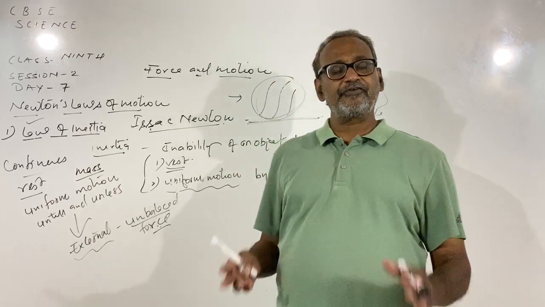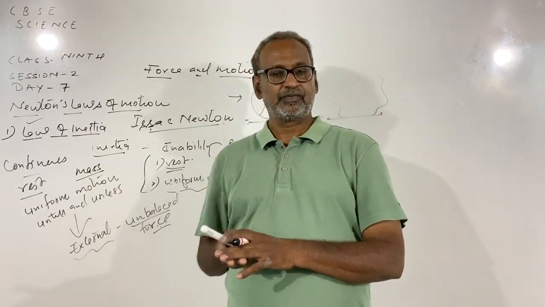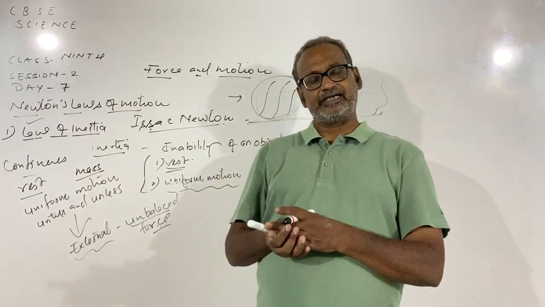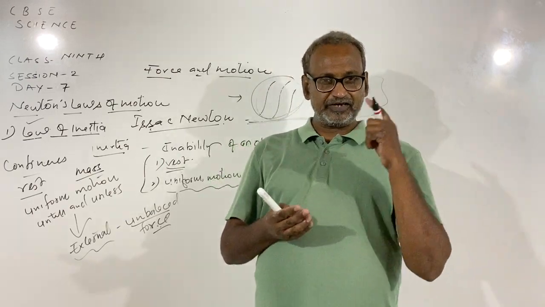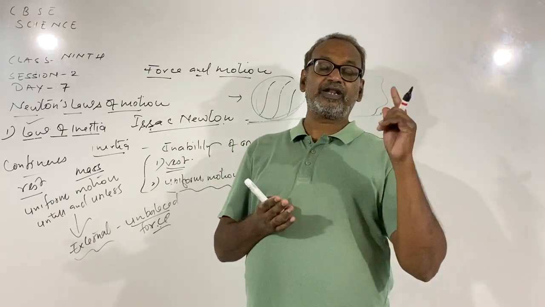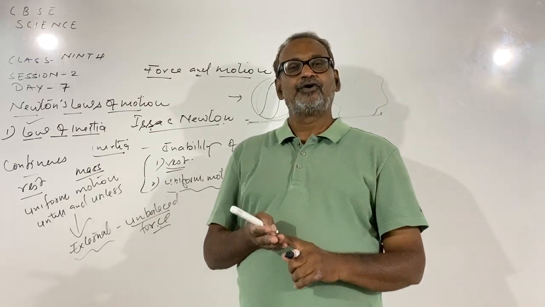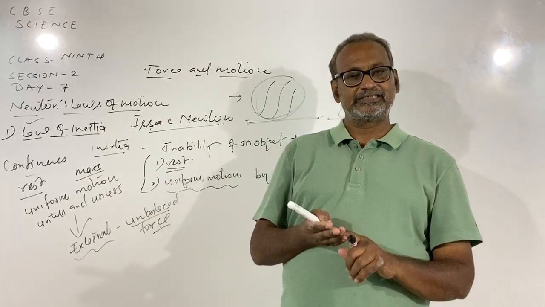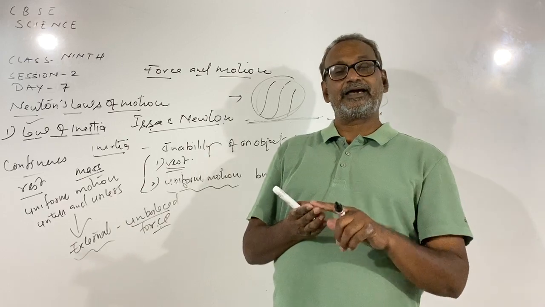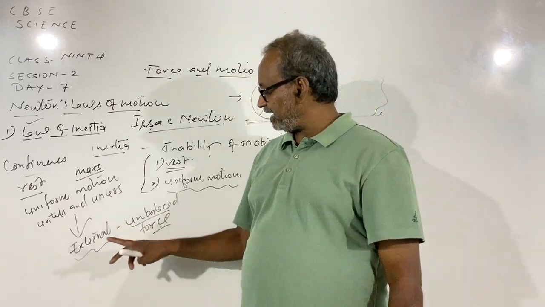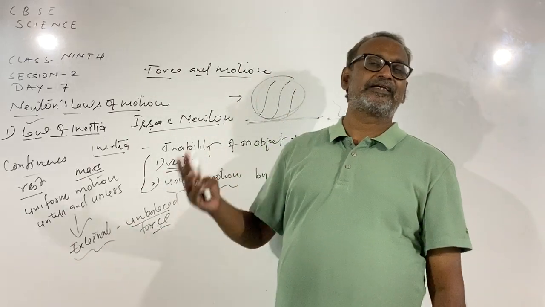Means, if a body is at rest, it will remain at rest. If it is moving, it will continue to move with the same speed in the same direction until and unless an external force acts on it.